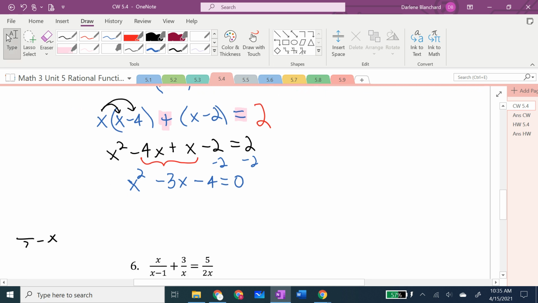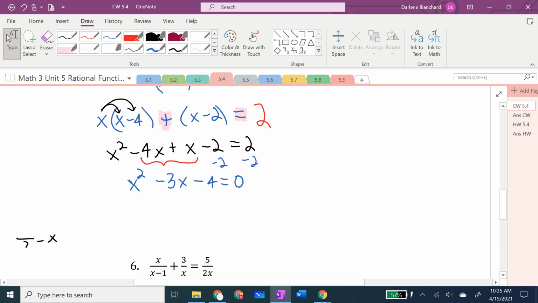Now, once you have a quadratic set equal to 0, what is your next move? Do you remember? If you're desperate, you can always throw out quadratic formula. Isn't that a polynomial?